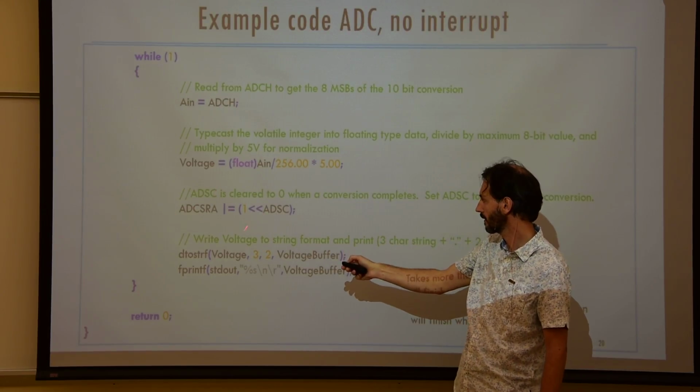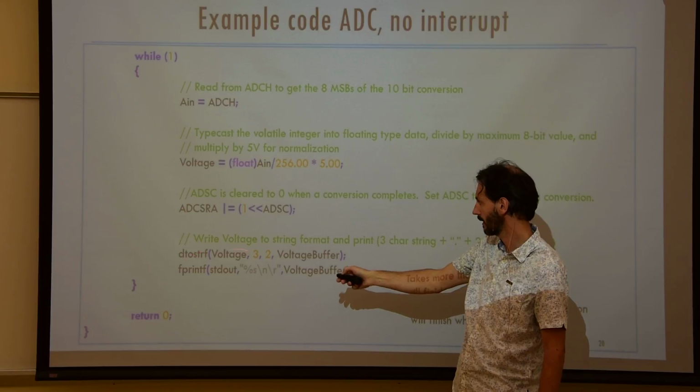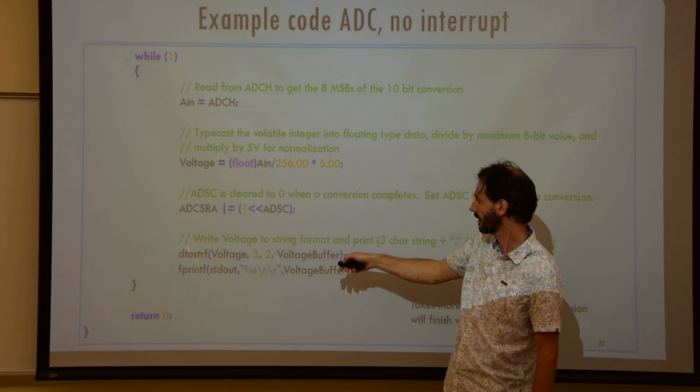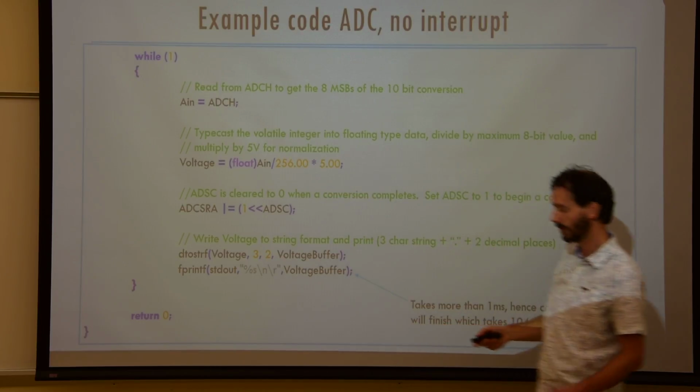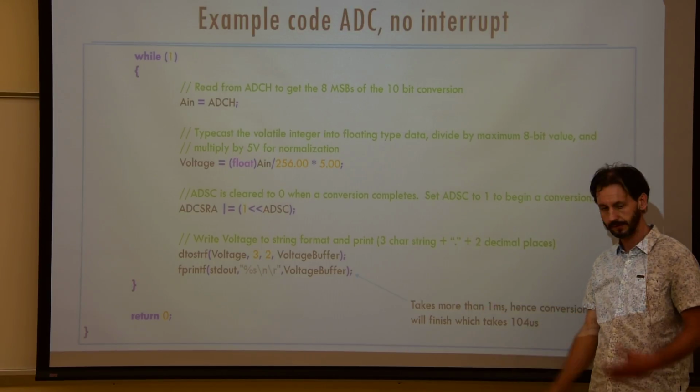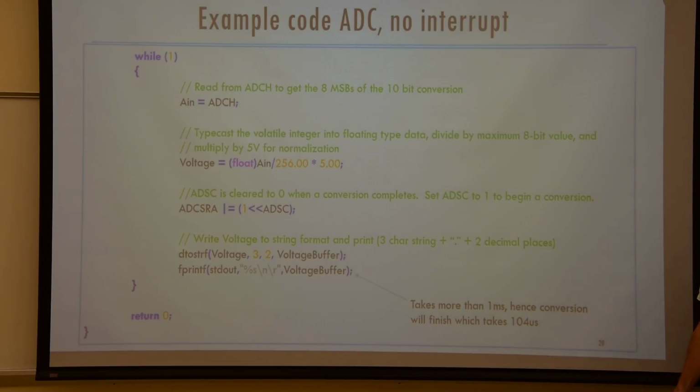Between starting, then some delay, and then reading again. And then starting again, some delay, and reading it again. So you would like to have at least that 104 microsecond delay. It turns out that having such an fprint statement is enough delay for our purposes.